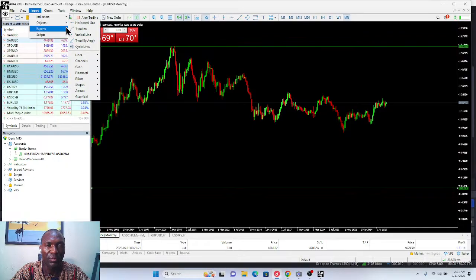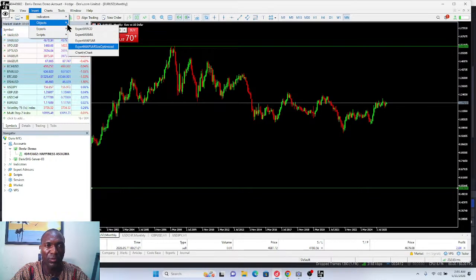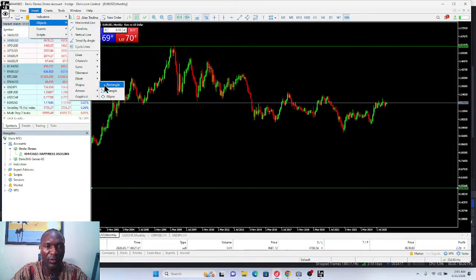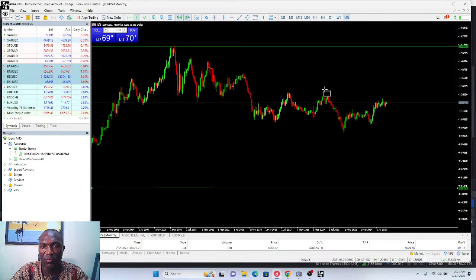come here, let me take my shape. My first swing is what just after now. This is my swing high, which is my lower high.